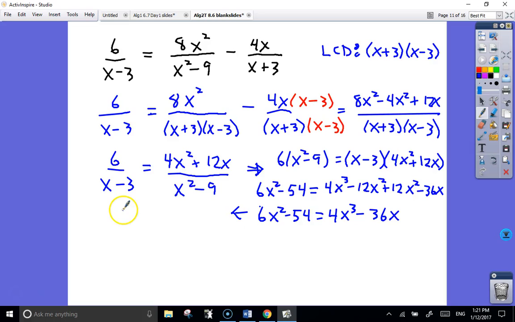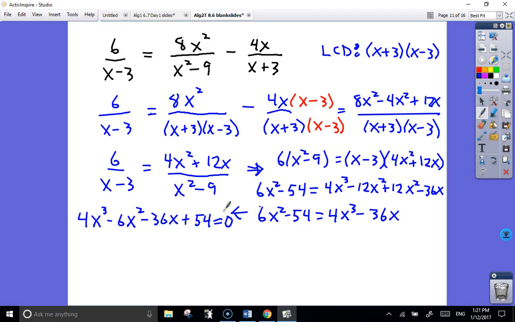This is going to be 4x to the third minus 6x squared minus 36x minus 54, no, plus 54 equals 0. So this is actually a cubic.